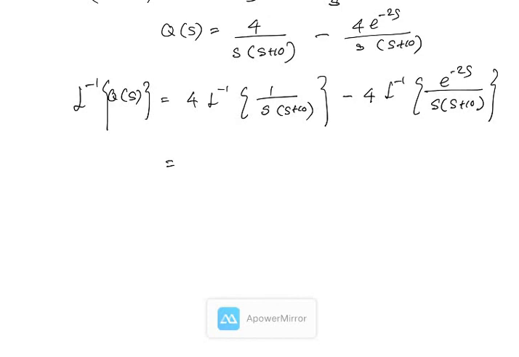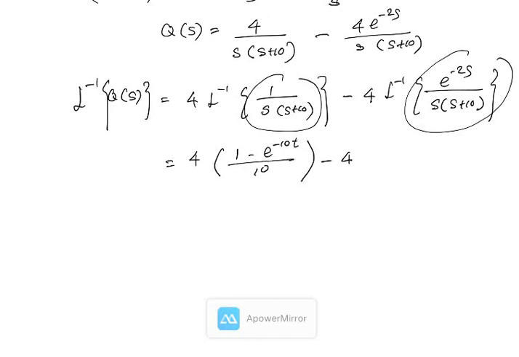So this part, the inverse Laplace transform of 1 over s times (s plus 10), we obtain from the answer in part A1: 1 minus e to the power negative 10t divided by 10. Similarly to this part, e to the power negative 2s divided by s(s plus 10), we get 1 minus e to the power negative 10(t minus 2) times u(t minus 2) divided by 10.